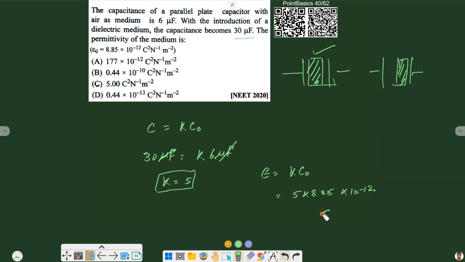So this will be 25, 42, 42 with 2 points here, and in 10 raised to power minus 10.